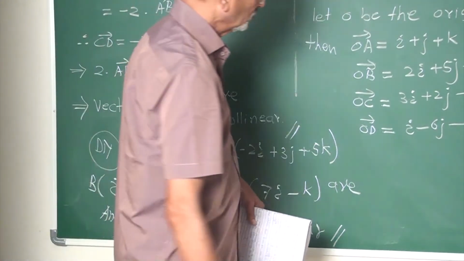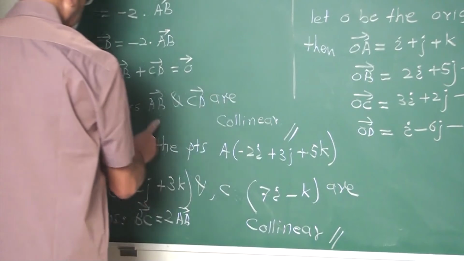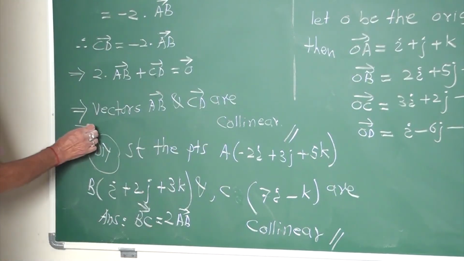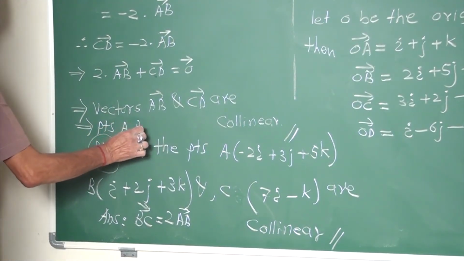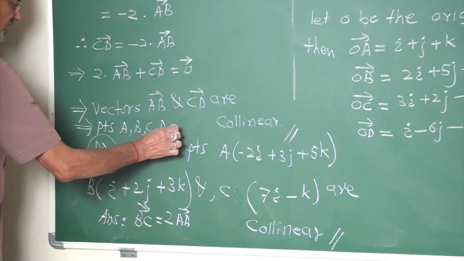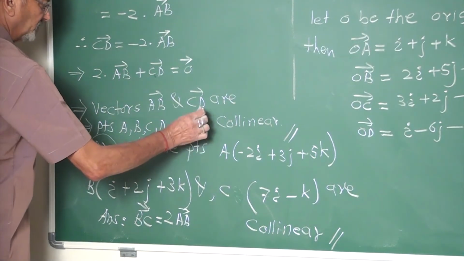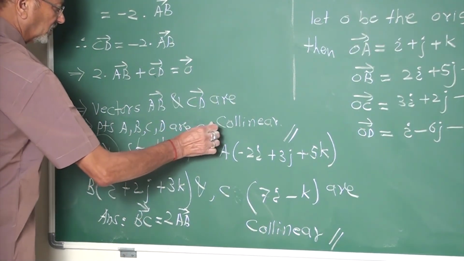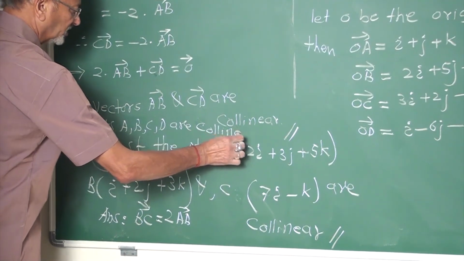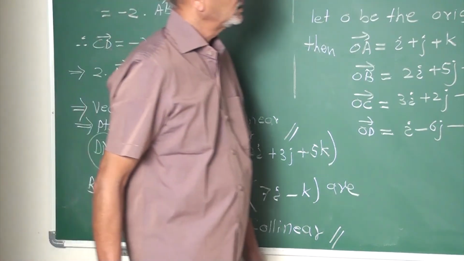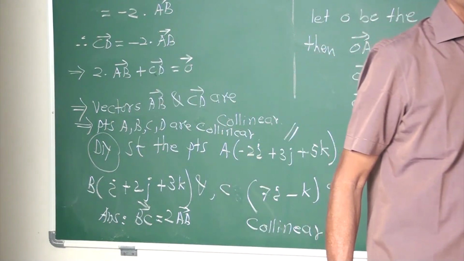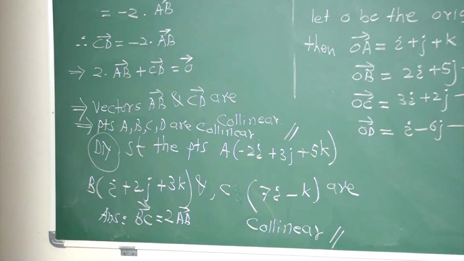Yes, my friends, when the vectors are collinear, it implies what? Points A, B, C lie on the same line, collinear. These are 2 or 3 examples based on collinear properties.